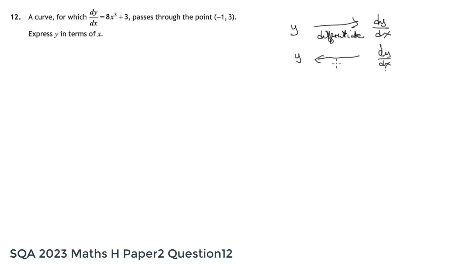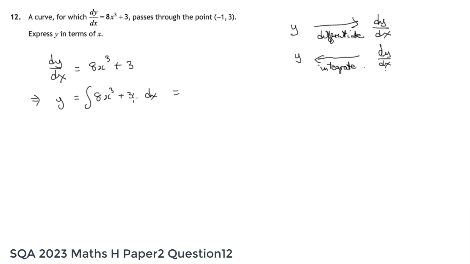And the inverse process to differentiation is integration. That's the process. We need to integrate. Integration is the inverse process to differentiation. So let's at least do that. So dy by dx is equal to 8x cubed plus 3. Therefore, y will be equal to the integral of 8x cubed plus 3.